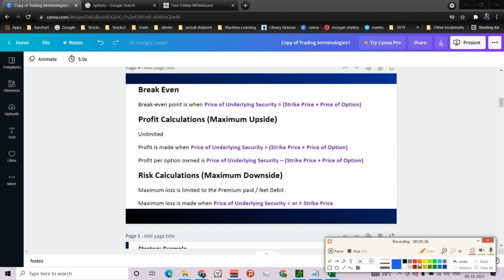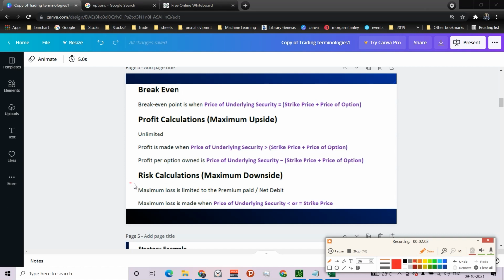As I mentioned, in a call option we need the stock price to go up in order to be profitable. So the price of the underlying security, the ticker being traded, needs to be greater than the strike price plus the price of the option. Profit per option owned is the price of the underlying security minus the strike price minus the price of the option which you paid in order to buy the option.